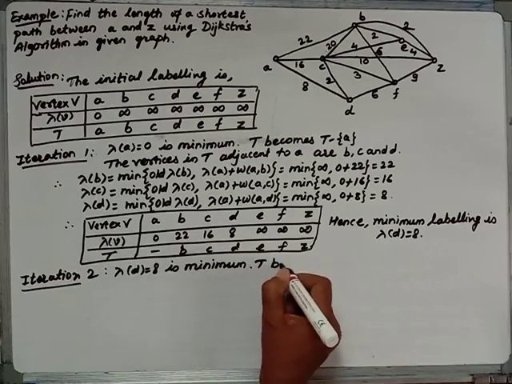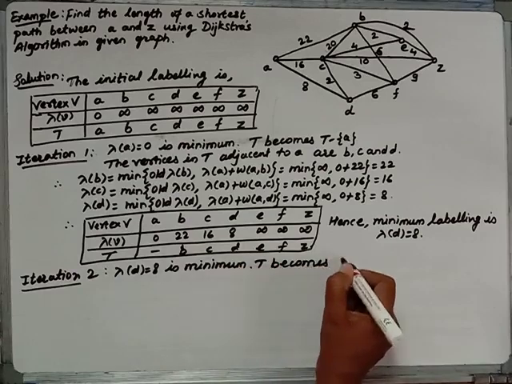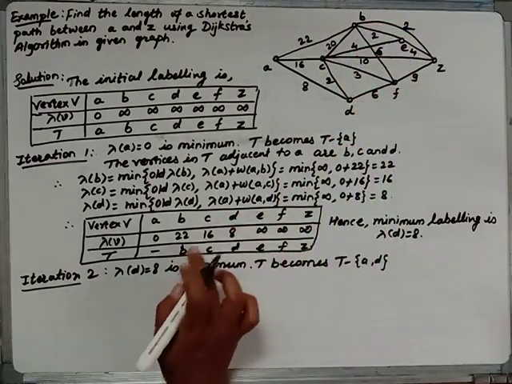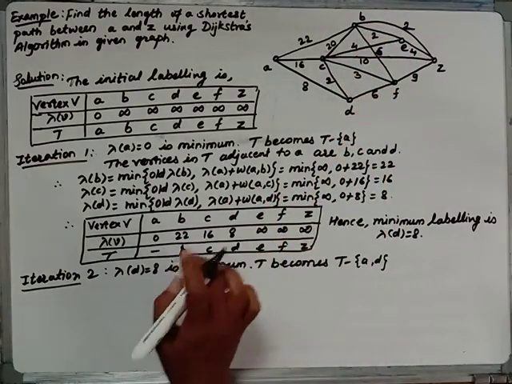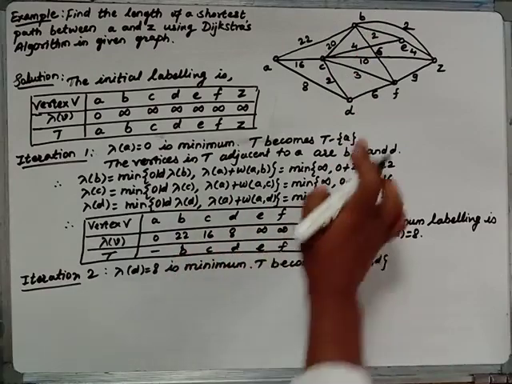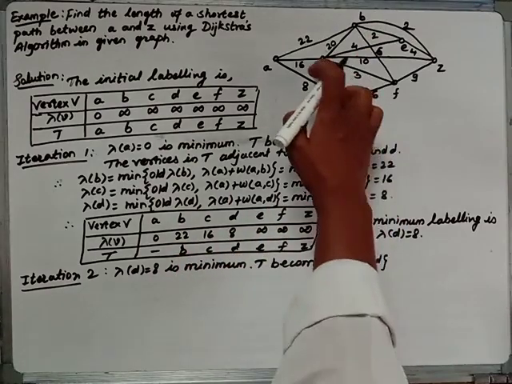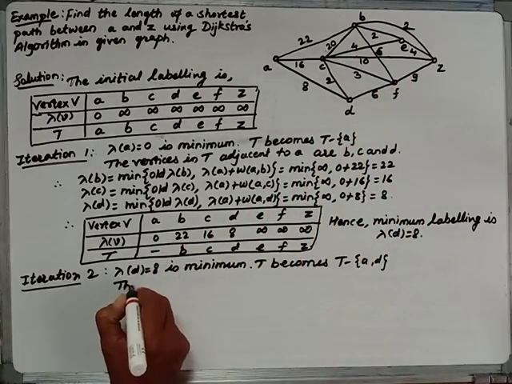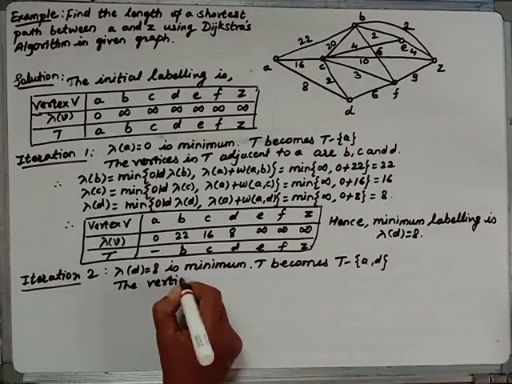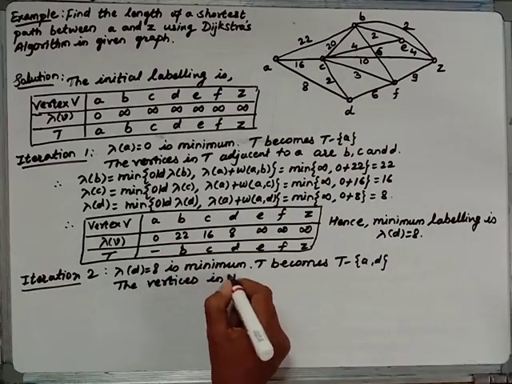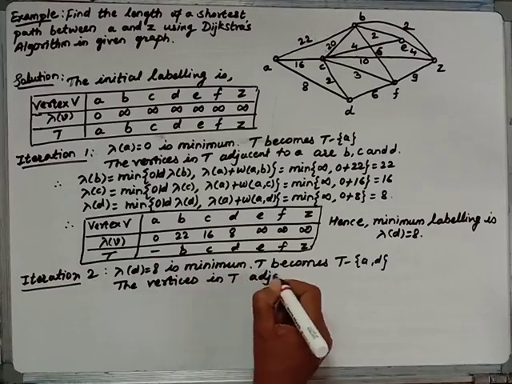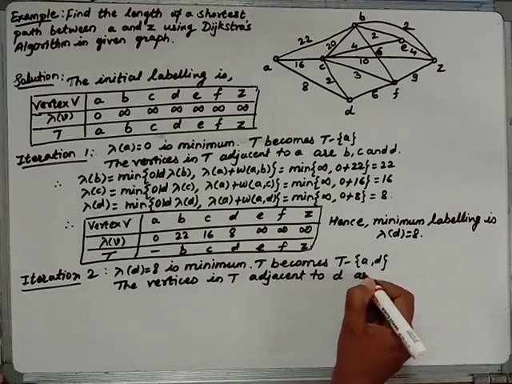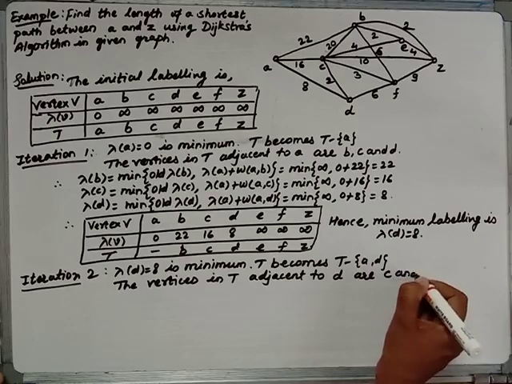Therefore, T becomes T minus A, D. What are the adjacent vertices? Adjacent among these, except A, to D. What was adjacent to D? Look at it: C and F only. So the vertices in T adjacent to D are C and F.